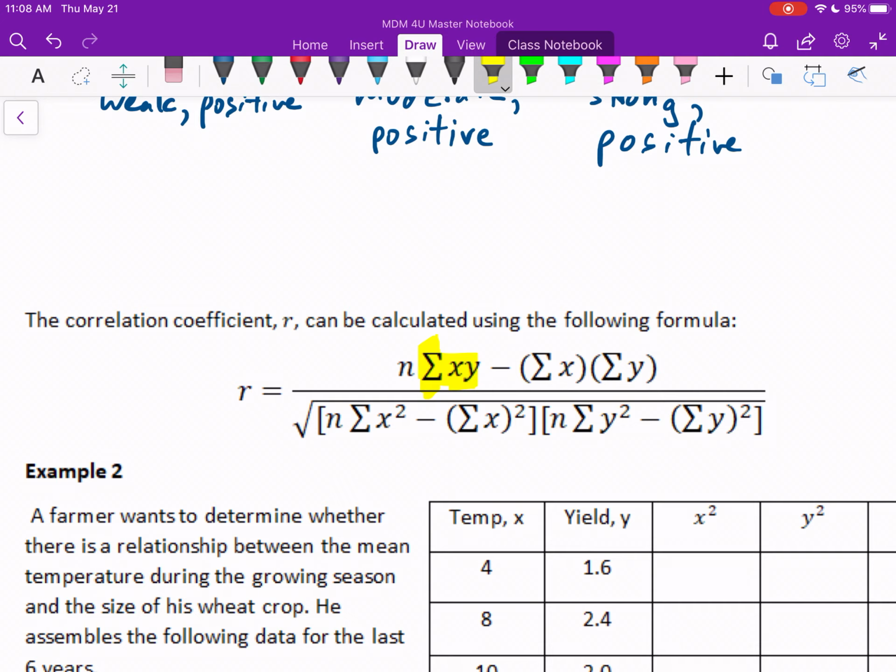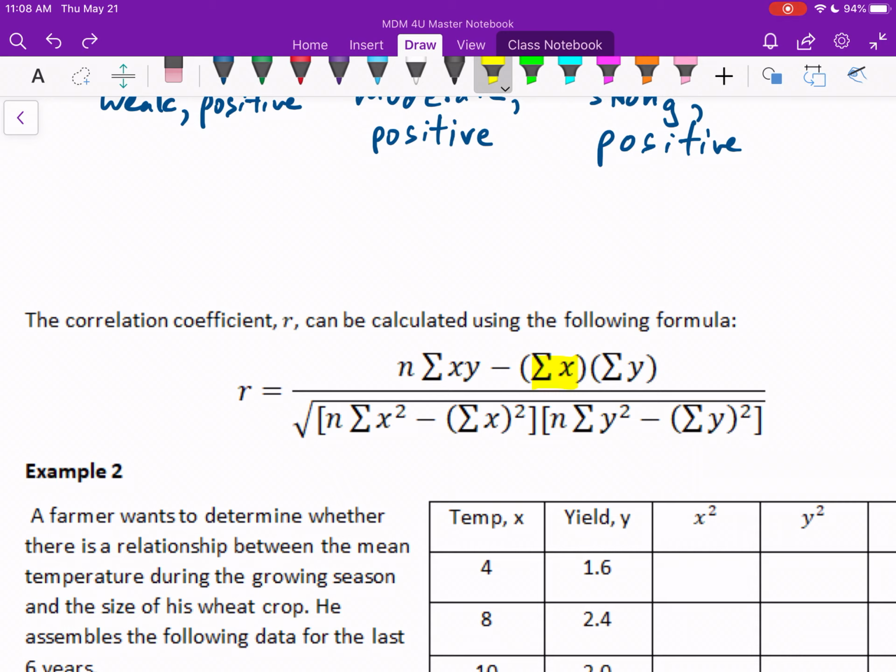Think of an ordered pair. We're multiplying the x and y coordinates of an ordered pair together. And then we're going to have a bunch of ordered pairs. So we're going to multiply all those x and y's together and add them up. That's exactly what it's telling us. For the next part, we've got sigma x, and that just means add up all the different x values.